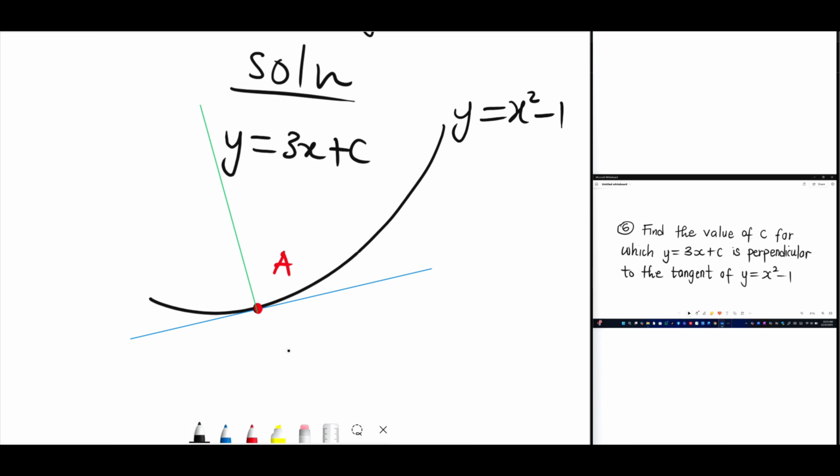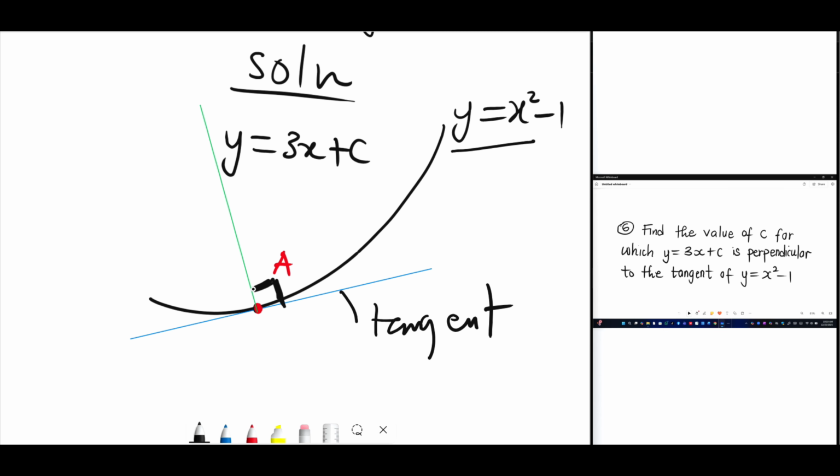That is the curve here, and the tangent to the curve is this particular line. And we have another line, y is equal to 3x plus c, which is also perpendicular to the tangent. So it means the line y is equal to 3x plus c becomes the normal.